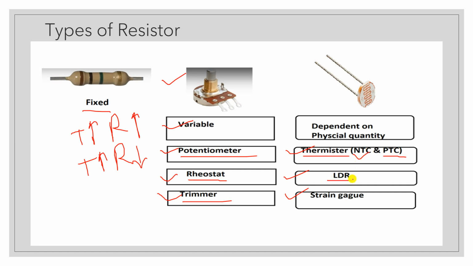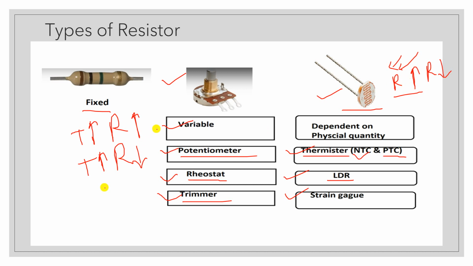LDR stands for light dependent resistor. Our LDR looks like this, and when light falls on the LDR, the resistance value either increases or decreases. If it increases, it is useful in automatic street lights.